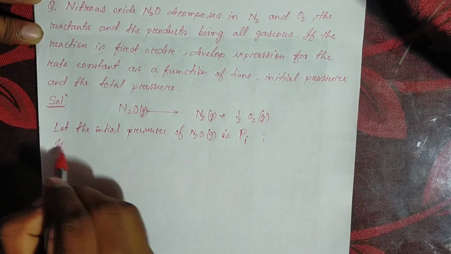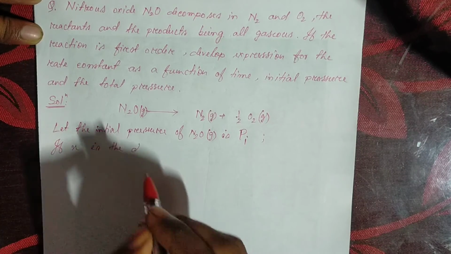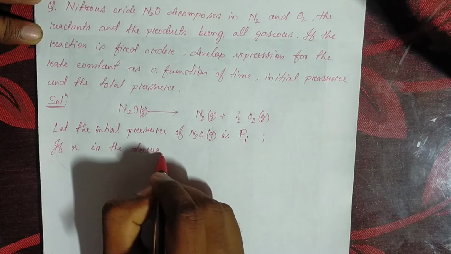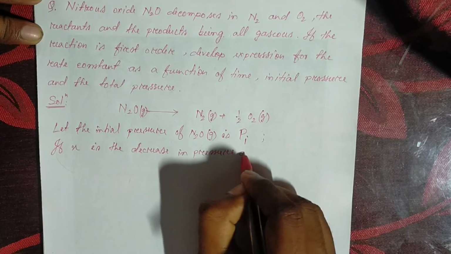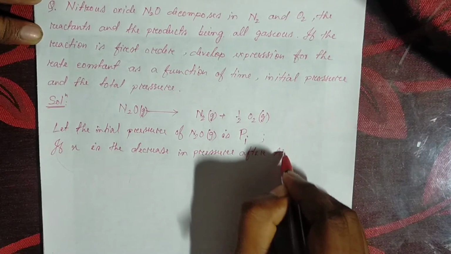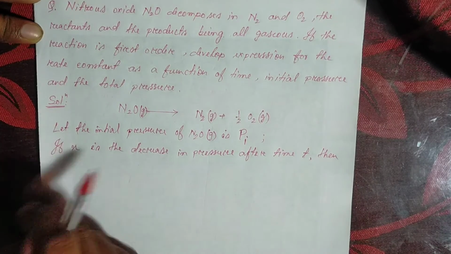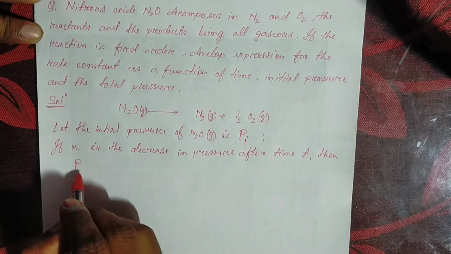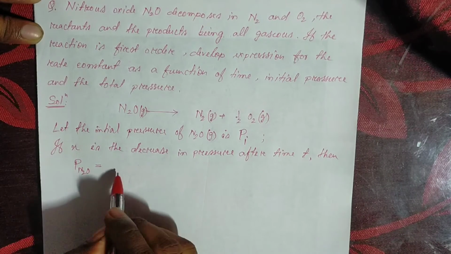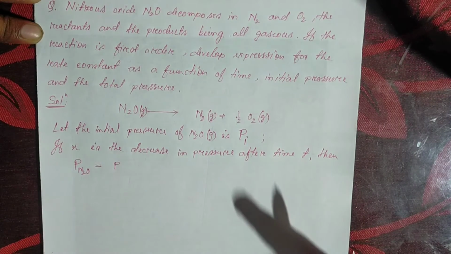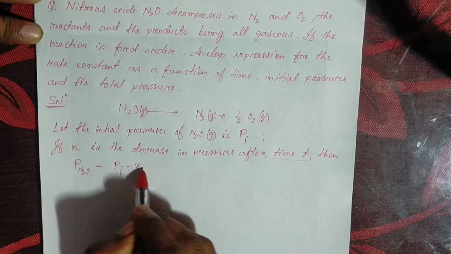Then if X is the decrease in pressure after time t, then we can write P N2O, that means pressure of N2O, after time t, will be Pi minus X.